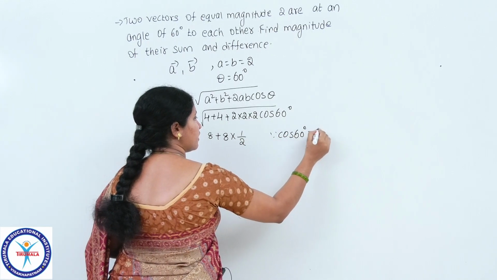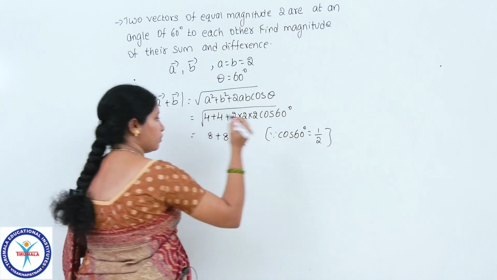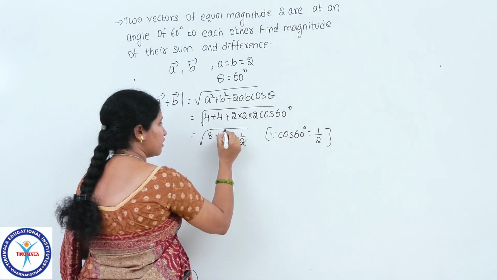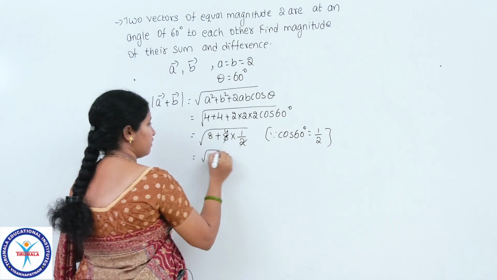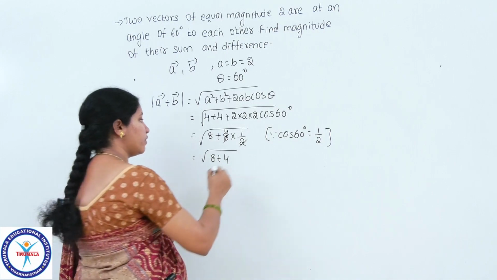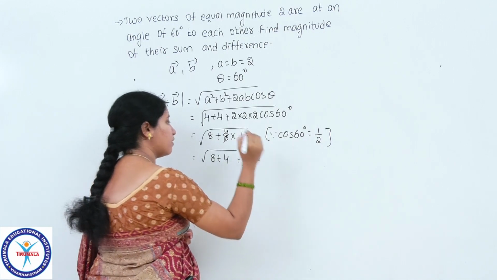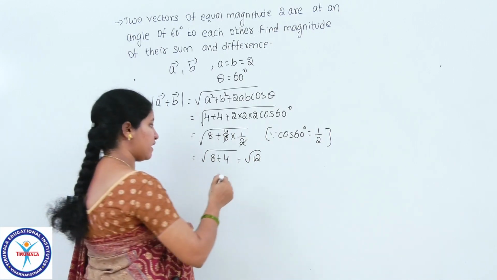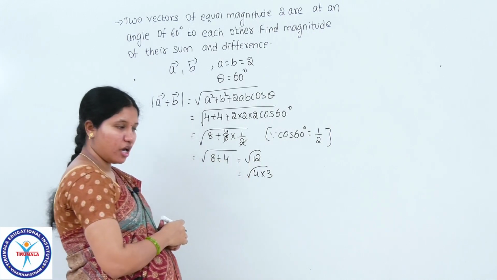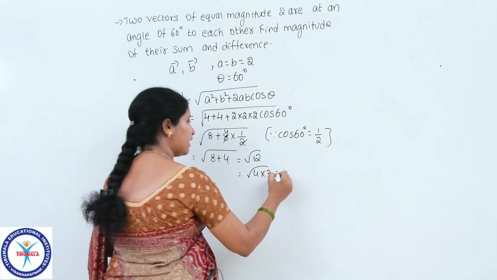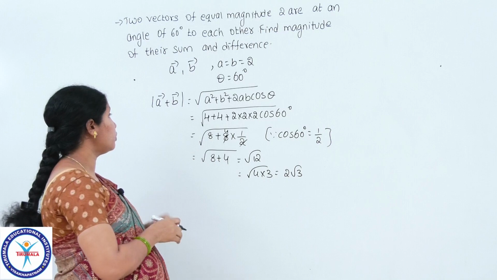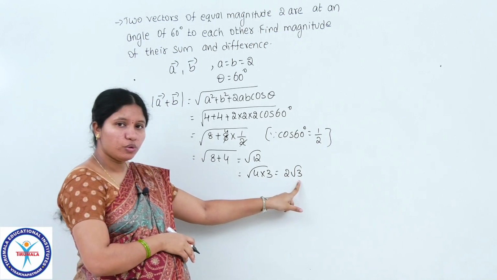Now 2 cancels 8 four times, so we get square root of 8 plus 4, which gives you root 12. We can write root 12 as root of 4 into 3, and now as 2 root 3. So the magnitude of their sum is 2 root 3.